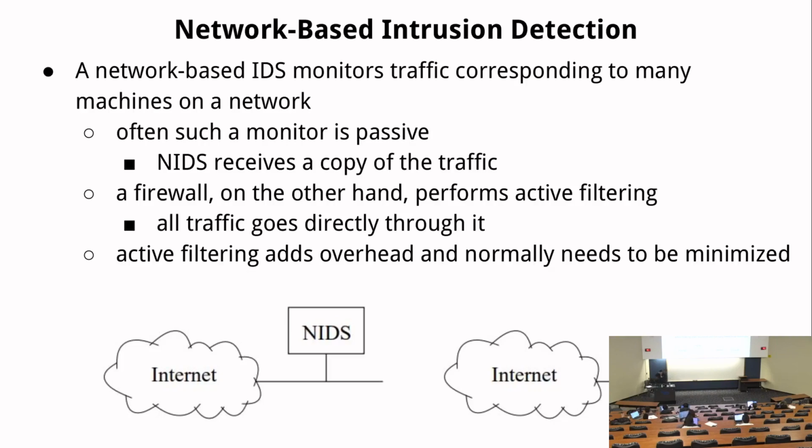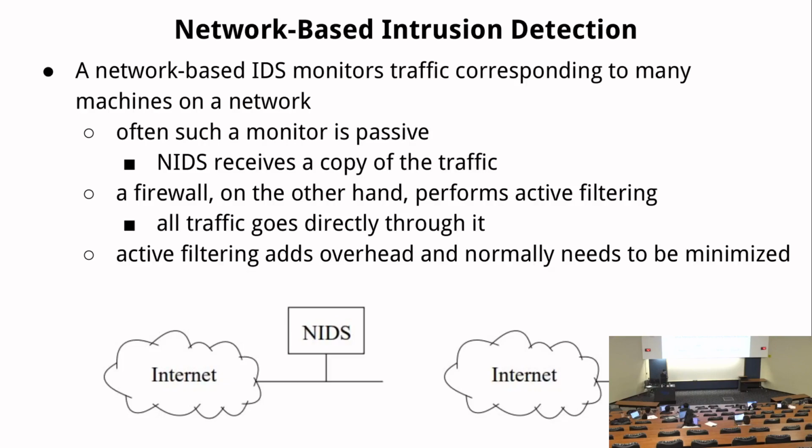Traditionally, network intrusion detection systems do not sit between the hosts and the internet. They are also basically a host in the network as well. So they do not directly decide if we should stop this connection or not.